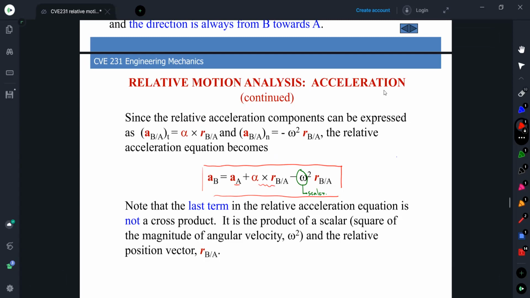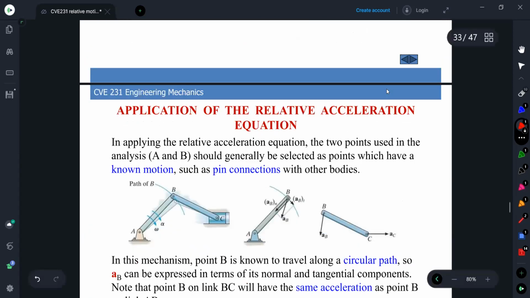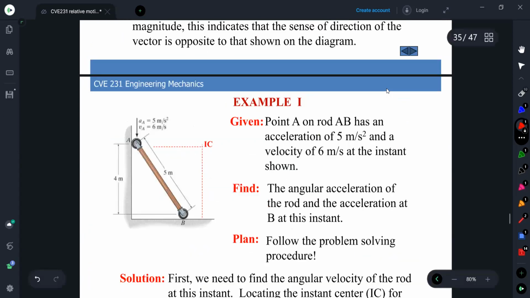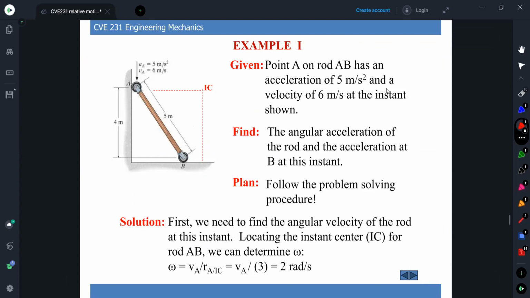For the last term, one thing we have to focus on in this equation is that omega squared is a scalar. We may study this technique by following this example.